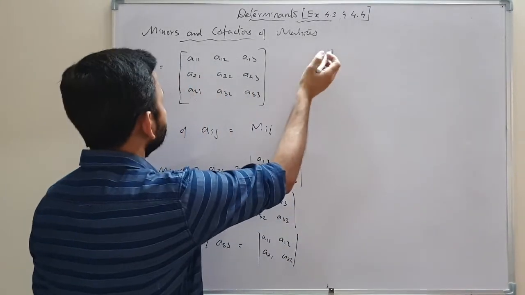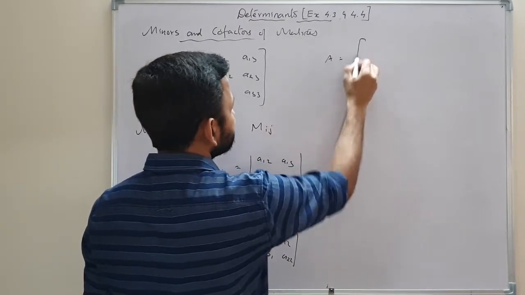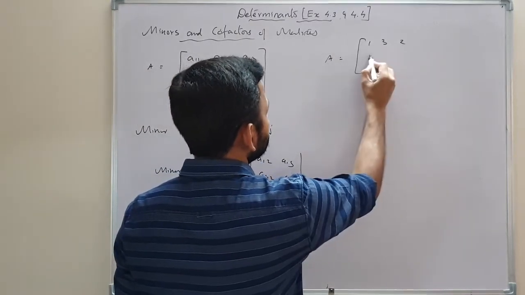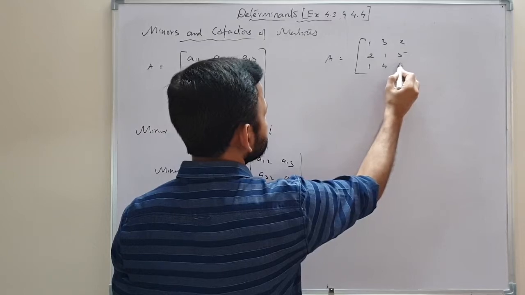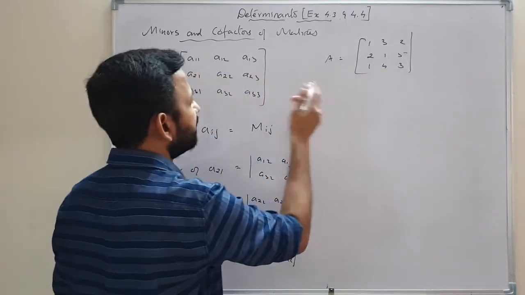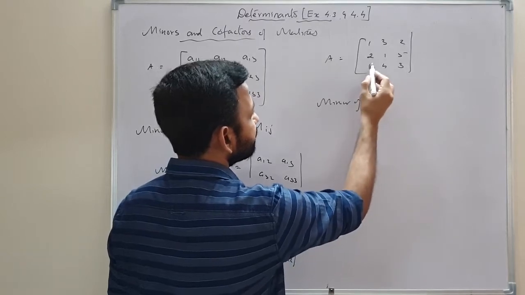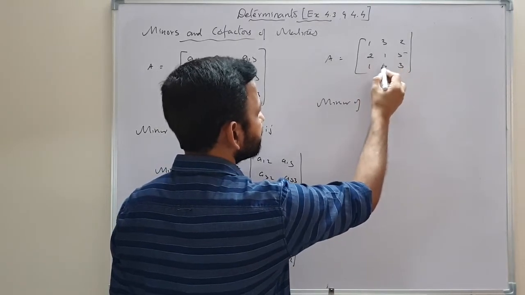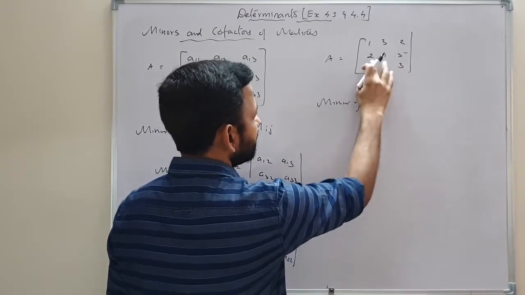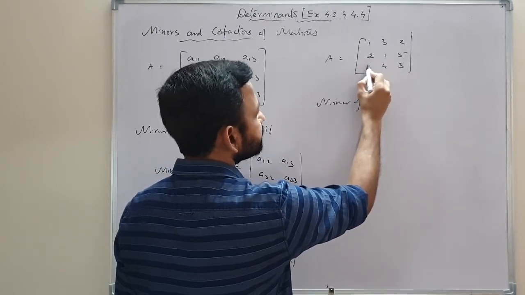Okay, we can do one example. A is a matrix 1, 3, 2, 2, 1, 5, 1, 4, 3. Then we need to find a minor of 4. Here we can label the different elements.